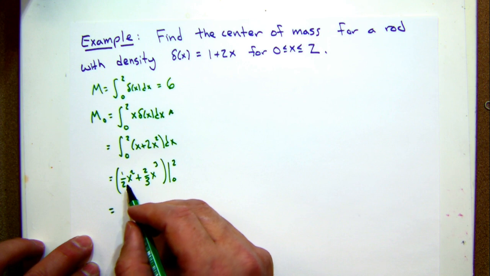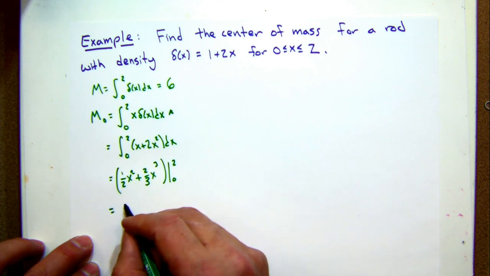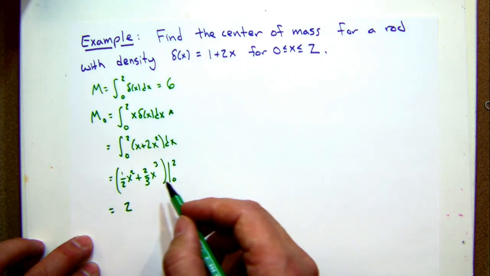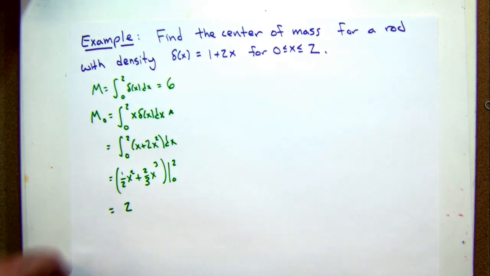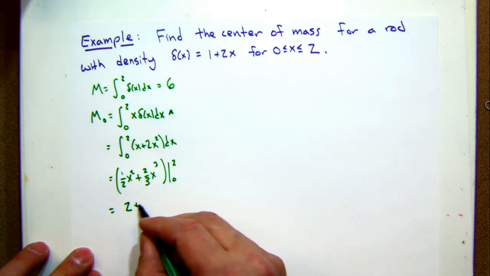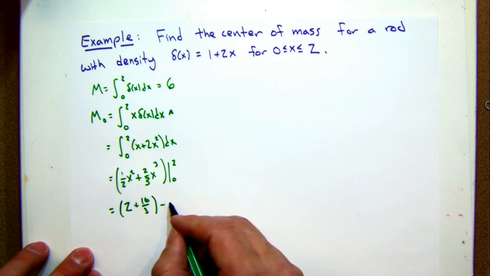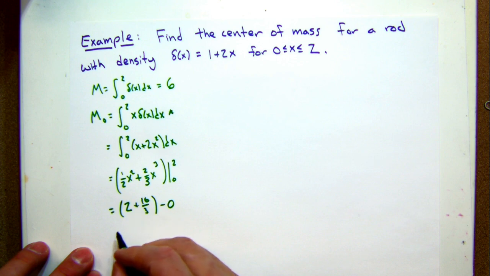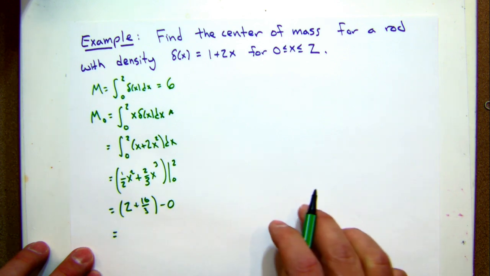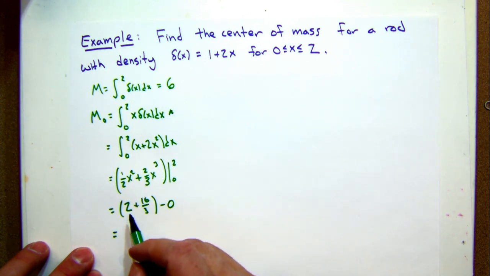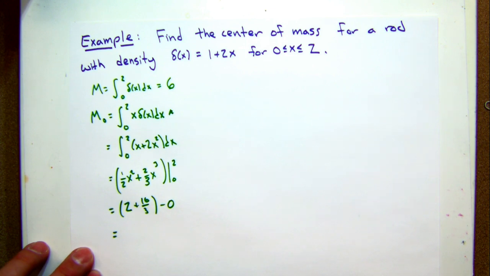All right, evaluate from 0 to 2. So that's 1/2 times 2 squared, that's 2. 2/3 times 2 cubed, 16 over 3. And when I plug in 0, I get 0.